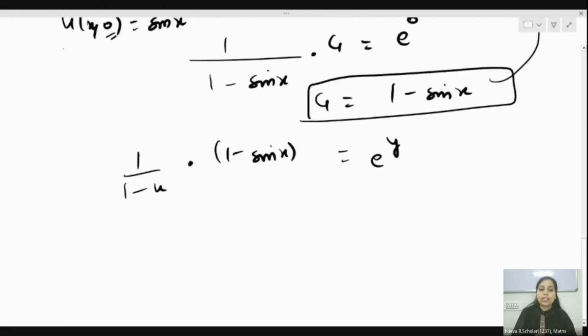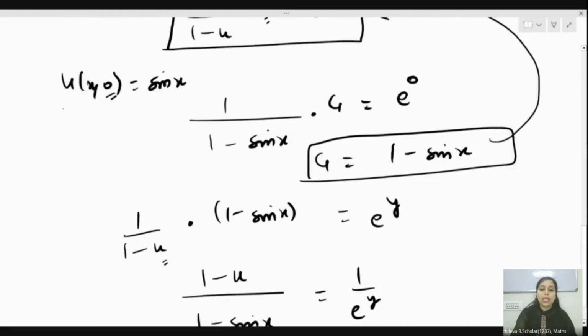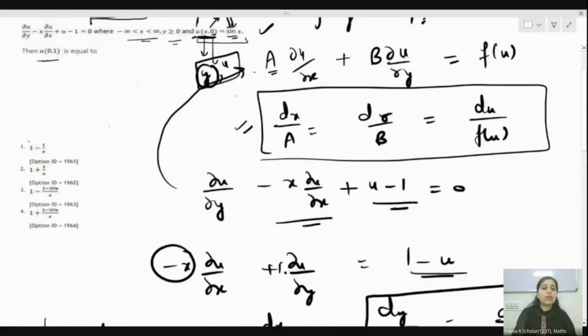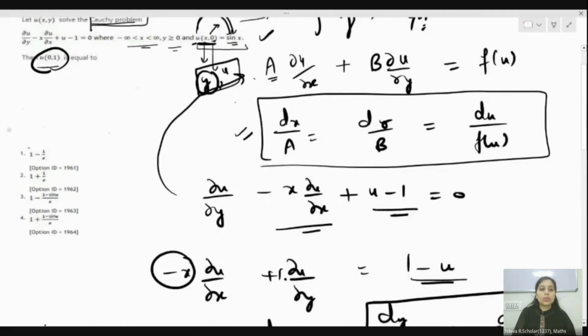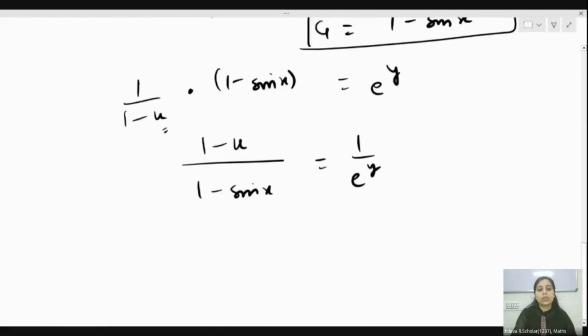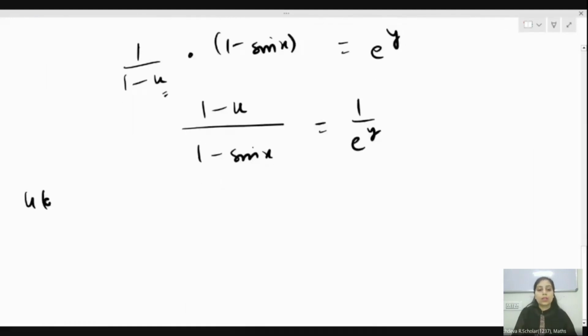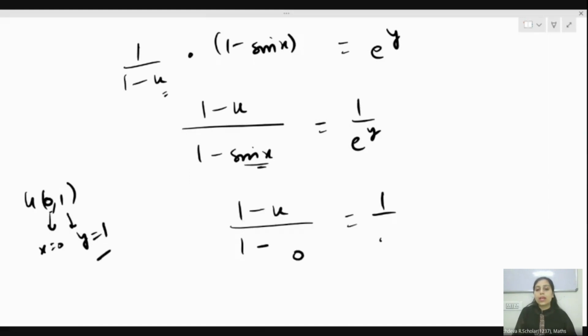So we get here just the reciprocal because we want u. So 1 minus u is equal to 1 upon e raised to power y. Here we have to find the value of u(0,1). That means substituting x is equal to 0 and y is equal to 1. Substituting x is equal to 0, sin 0 is 0, and y is equal to 1, e raised to power 1.